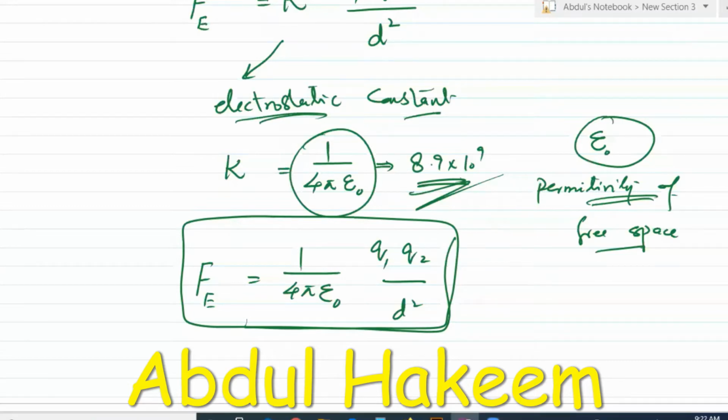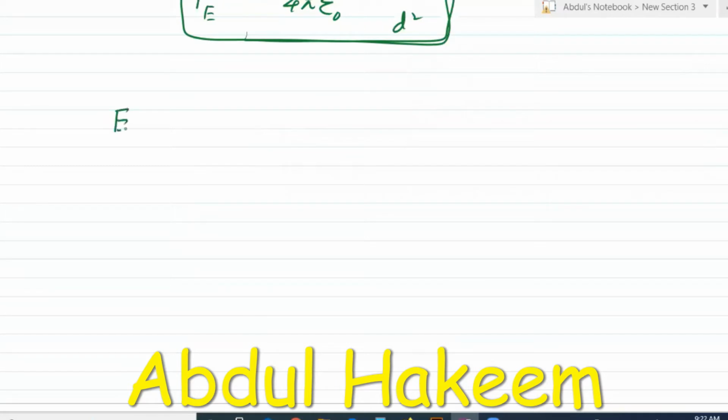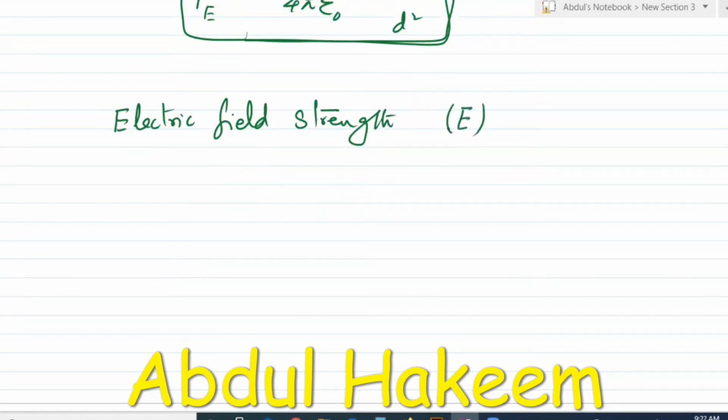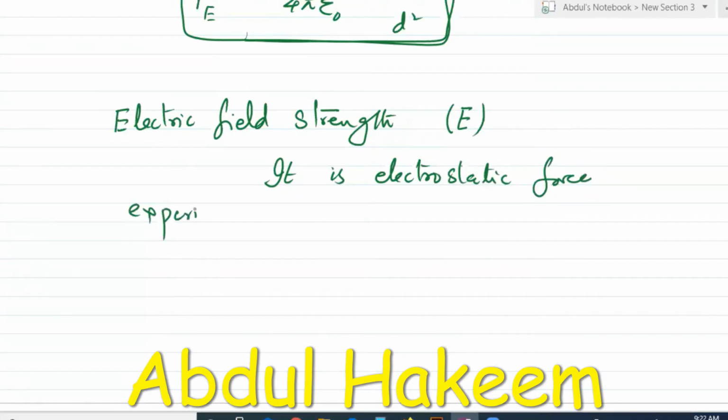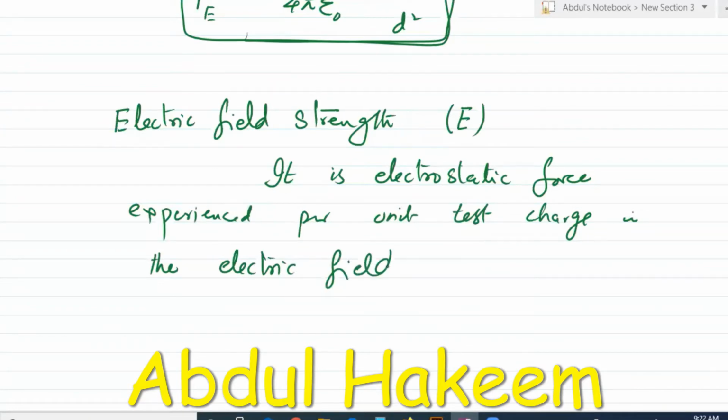Okay, now after this electric force, there is electric field strength, which is a vector, and it's represented by E. According to the A level definition, electric field strength is the electrostatic force experienced per unit positive test charge in the electric field.